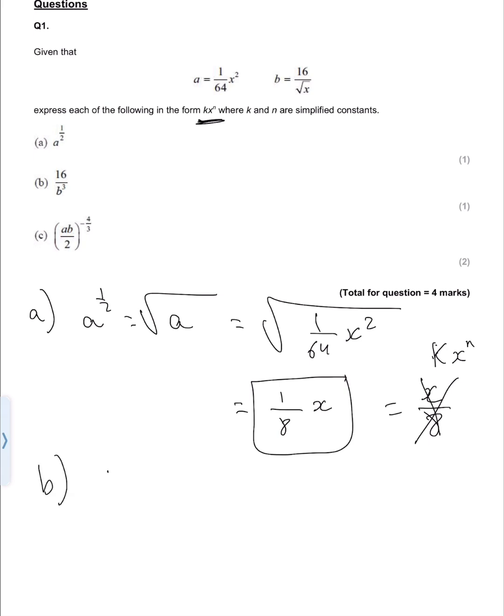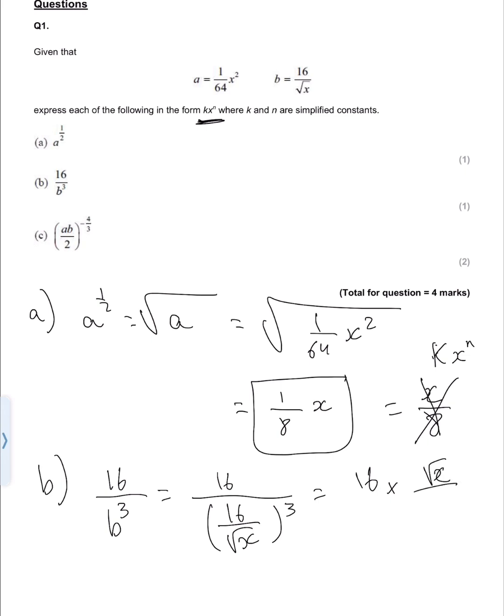For the second one, we have 16 over b cubed. So it's 16 over root x, all of it to the power of 3. Division of two fractions is the multiplication by the inverse.